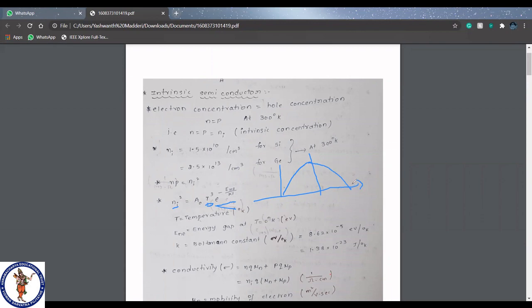Ideally speaking, the electron concentration will become 0 at a huge temperature, like 1500 or 1600 kelvins. It is ideally possible, but practically speaking, it is not the case. Concentration will not become 0 once it increases, but ideally this is the case.